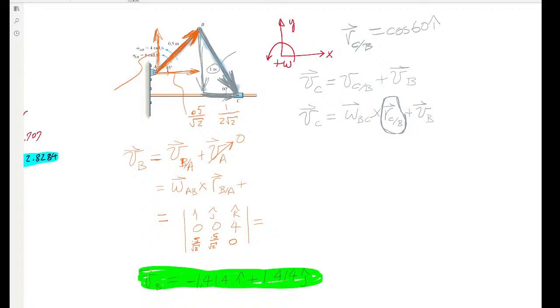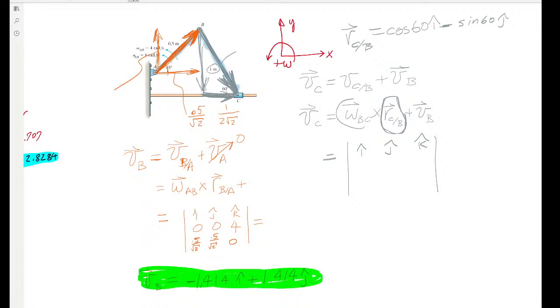And it's going to the right here, but the other one is the sine of 60, and it's going down. And what you see here is I, J, and K.